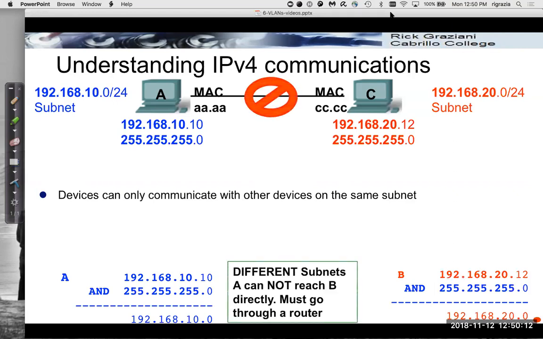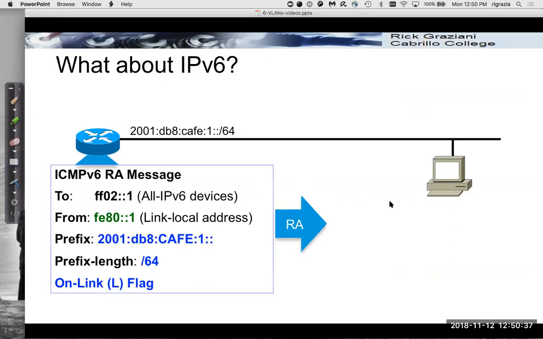Now, it doesn't really know if this network down here, 192.168.20.0, is the network C is on, because it doesn't know its mask. Remember, it's using its own mask. But what it does know is that we are not on the same IPv4 network. And the only way I can send a packet from me to C is to send that packet to my default gateway, the router.